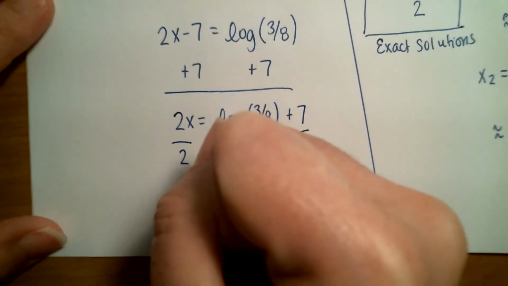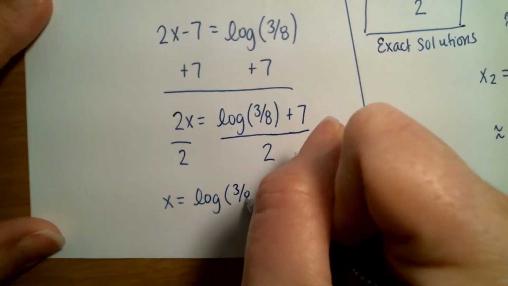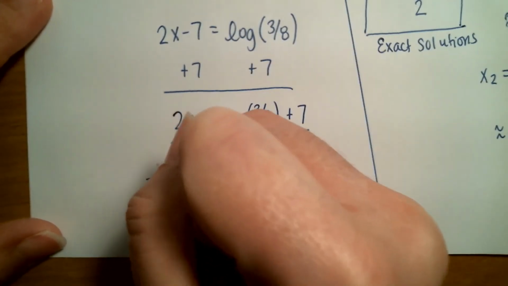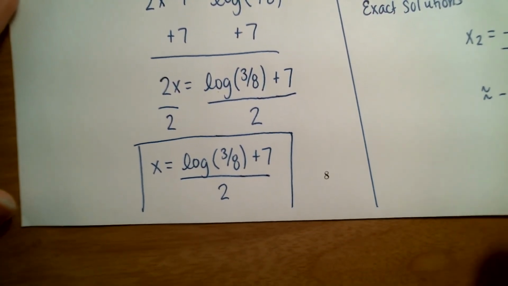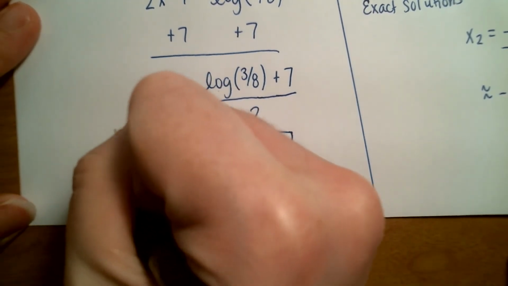So the exact answer is the log of 3/8 plus 7, all divided by 2. You need to leave it like that. It looks crazy and complicated, but leave it alone. Now we will type it into the calculator to get a decimal approximation, because remember, this is the exact answer.